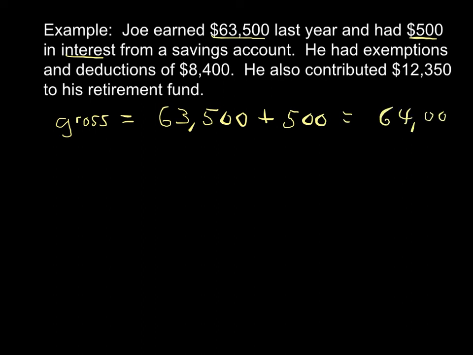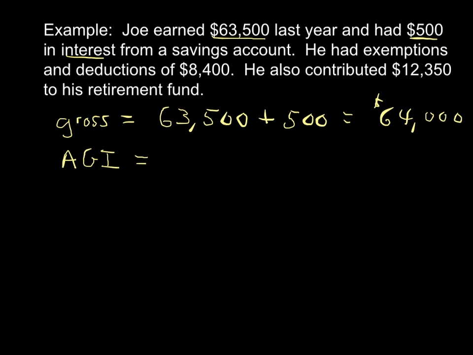Don't forget to do that. That interest is part of income. Then he had exemptions and deductions of $8,400, and he contributed $12,350 to his retirement fund. Now, I purposely did this in this ordering. If I'm going to do the adjusted gross income, or AGI, I'm going to do gross minus the retirement.